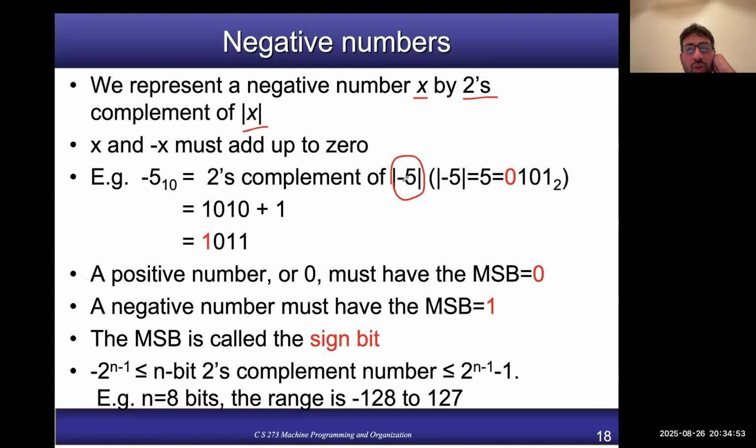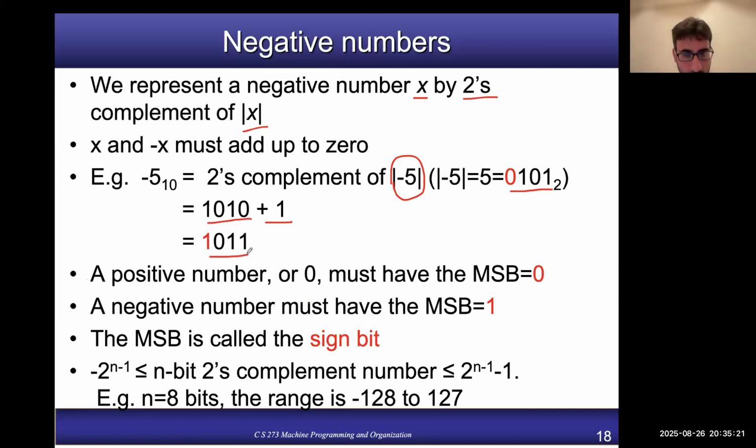So first you get the binary of 5, which is 0 1 0 1, right? Then you take its one's complement. When you do one's complement, it becomes 1 0 1 0. All the bits are toggled here, right? And after that you add 1 to it. So when you add 1 to it, it becomes 1 0 1 1, right?